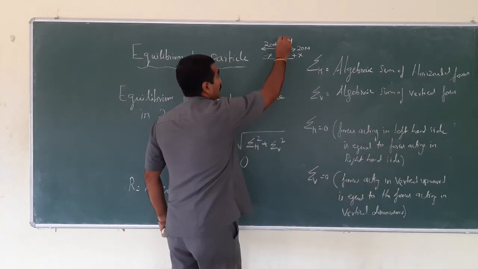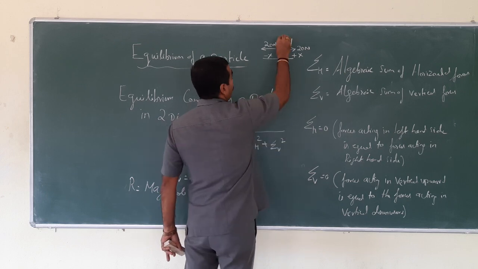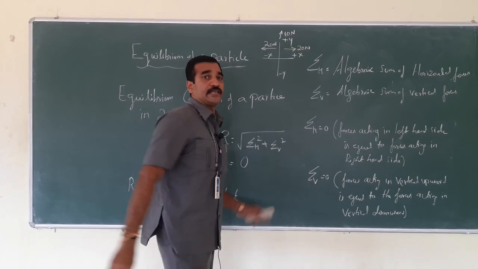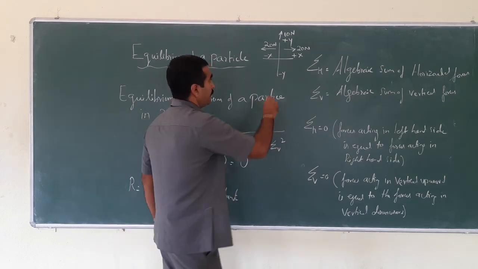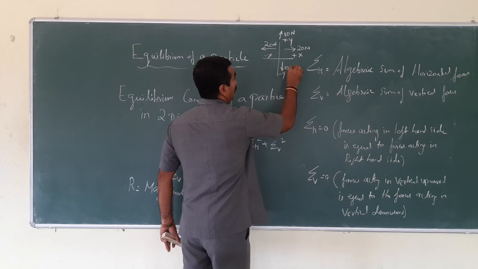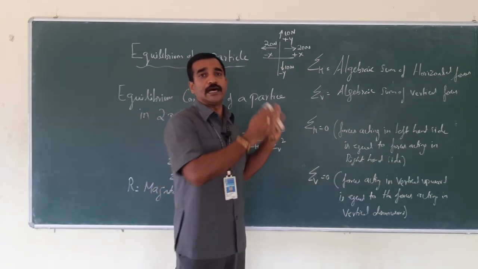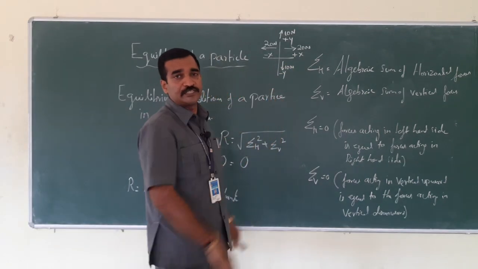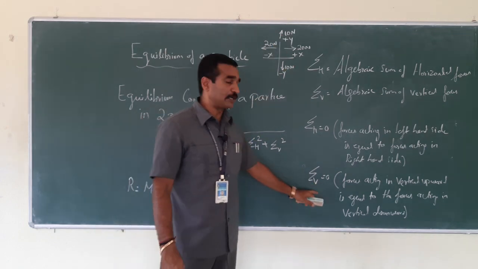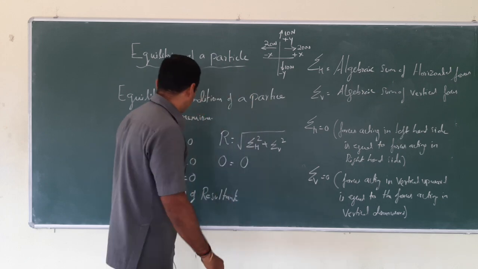Suppose, for example, the magnitude of a force which is acting in the positive y direction is 10 Newton, and in the negative y direction the magnitude is 10 Newton. What will happen? If you calculate the algebraic sum of vertical forces, plus 10 minus 10 becomes 0. That is what is specified here.